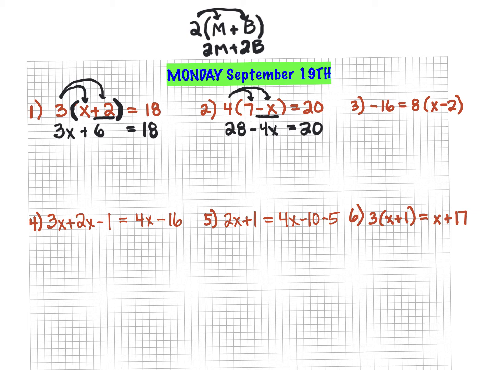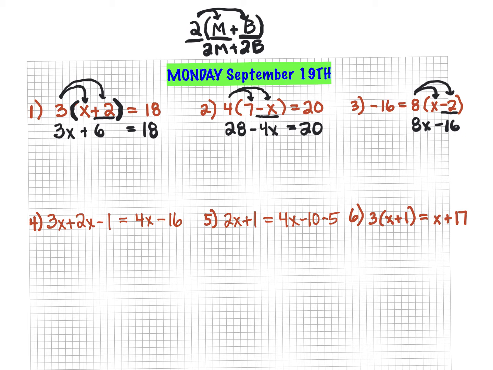So whenever you see these parentheses, your first step is we got to get rid of these parentheses. It just means you have to multiply whatever's outside times everything in the middle, because if I go to the store twice, then I'm getting 2 milks, but I'm also getting breads twice. All right, 8 times x is 8x, and 8 times negative 2 is negative 16, because the number is negative 2.